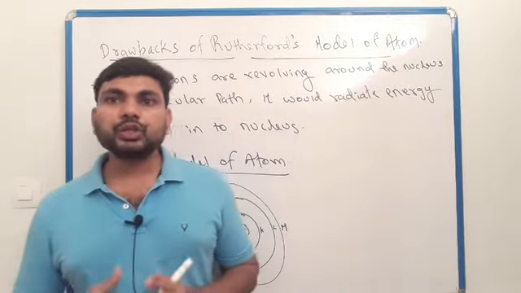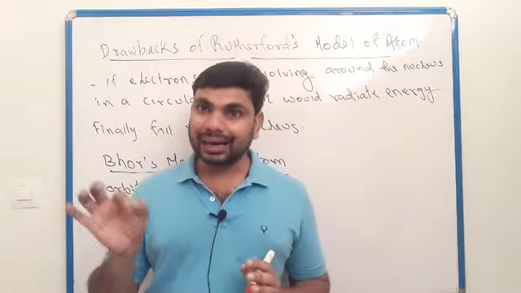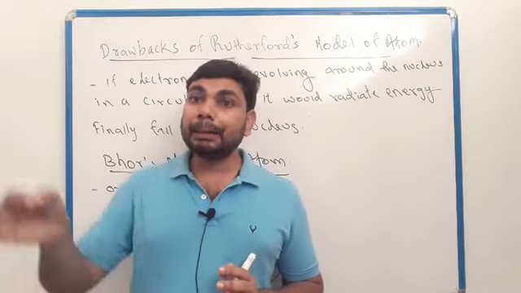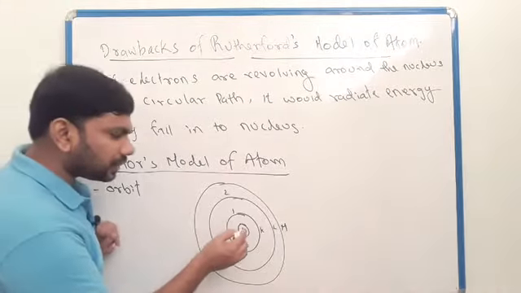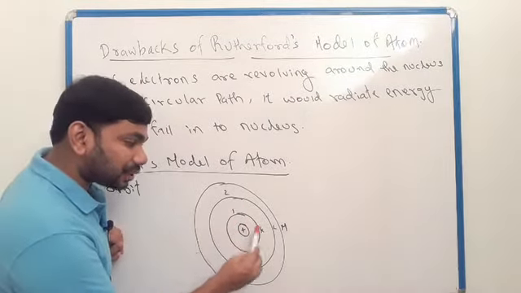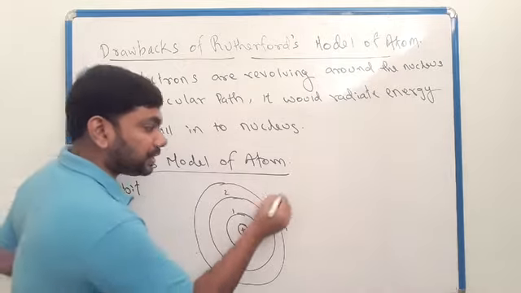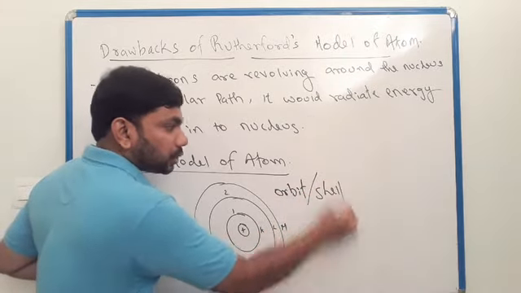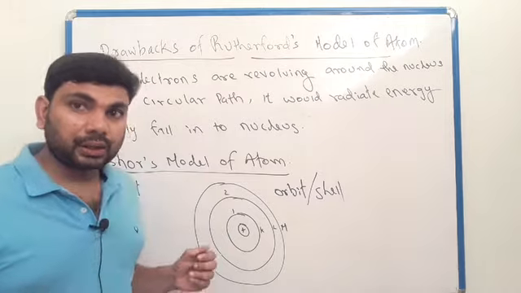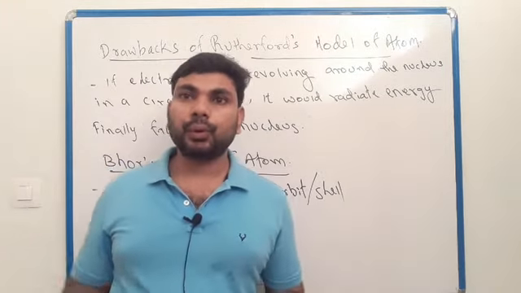Okay, according to the Bohr model of atom, electrons are revolving around the nucleus in a particular orbit. Look here, this is the nucleus. Around the nucleus there is a circular path. This circular path is called an orbit. The term orbit is also called shell. Okay, this orbit or shell was introduced by Niels Bohr.